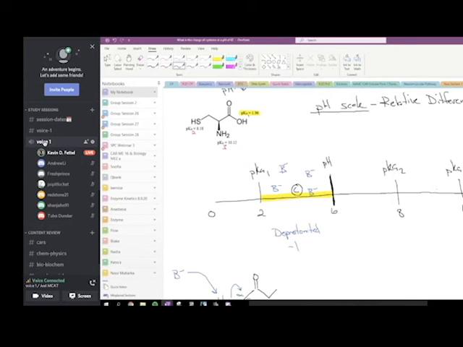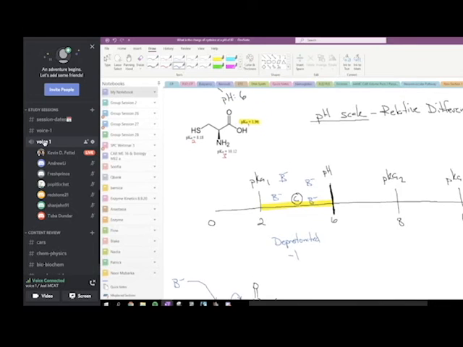Okay, well, I think it's pretty obvious what we're going to see next. In comparison to the values of 8 and 10, we'd say 8 and 10 is more basic relative to this pH of 6. 6 is more acidic than 8 or 10. And so both these substrates, or these pKa values, these groups on cysteine, they're going to experience a relative pH environment that's acidic.